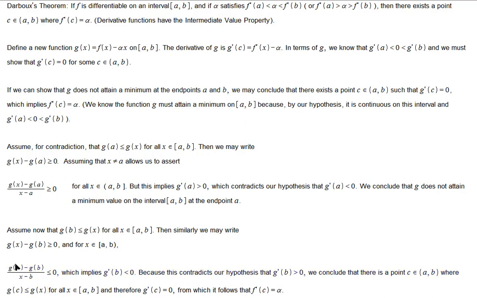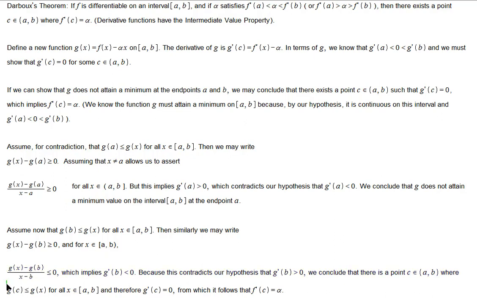So g of x minus g of b, divided by x minus b, is less than or equal to 0. And the sign of the inequality flipped here because x minus b has to be a negative number, because x is in this interval and it's not equal to b. Therefore, it has to be less than b and greater than or equal to a.